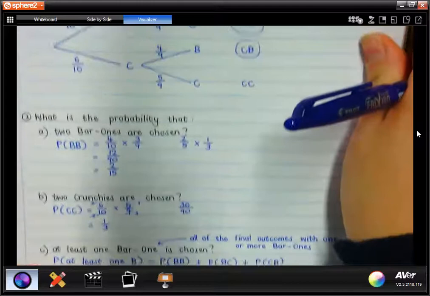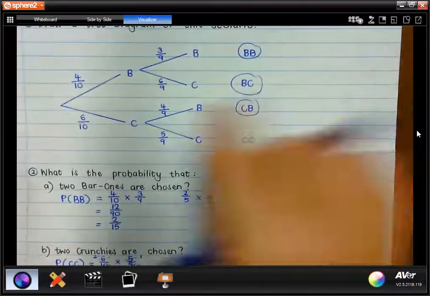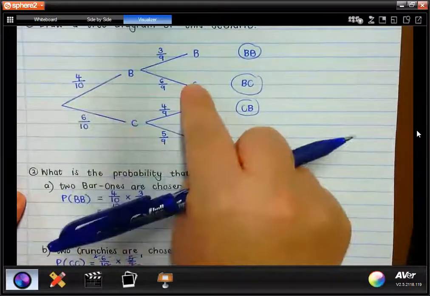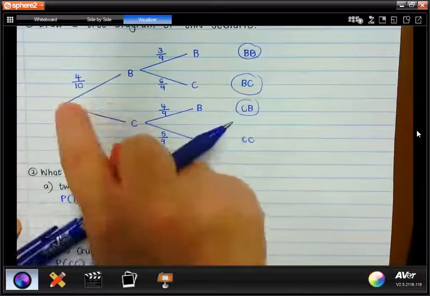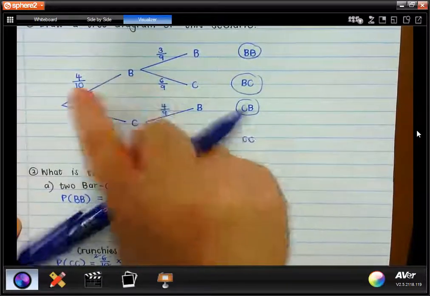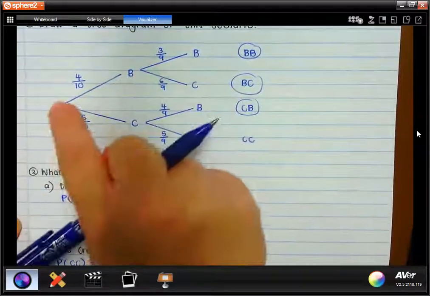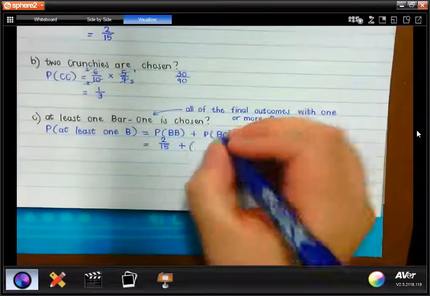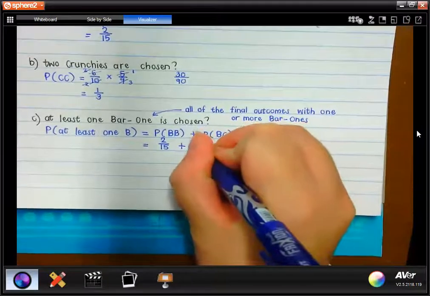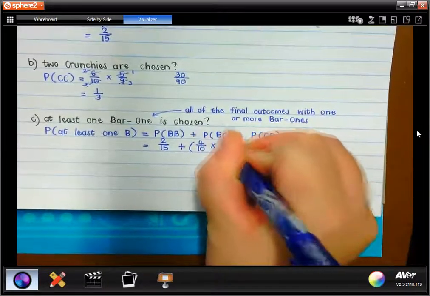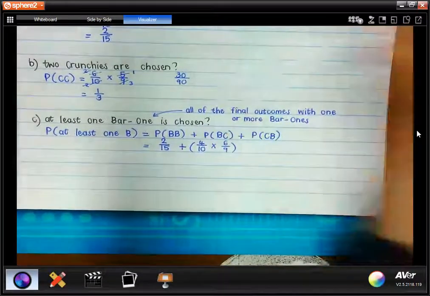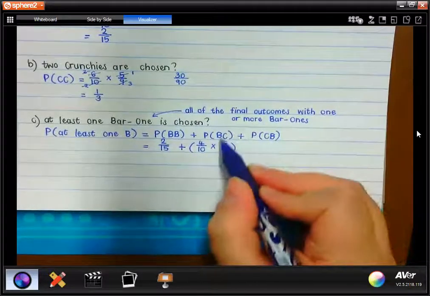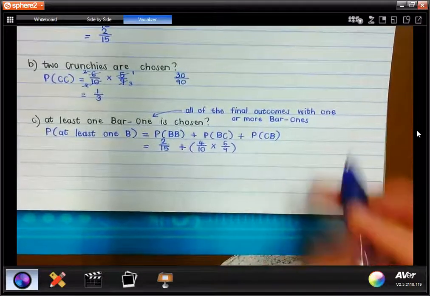So BC, let's go back up to the tree diagram. We need to find the branches leading up to BC and multiply the probabilities on those branches together. All right, so what is that? 4/10 times 6/9. All right, that's how we'll find the probability of BC.